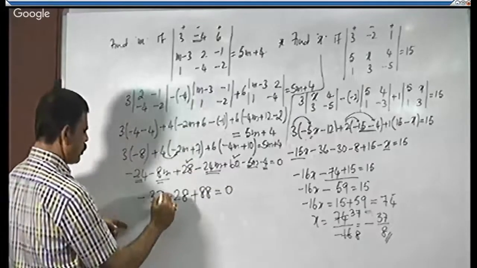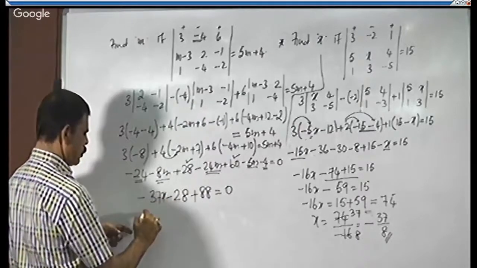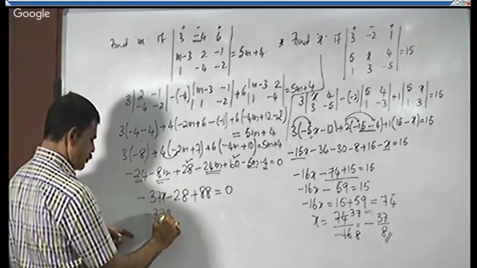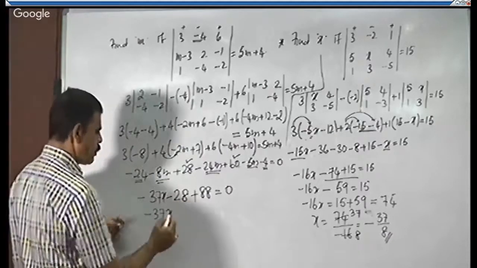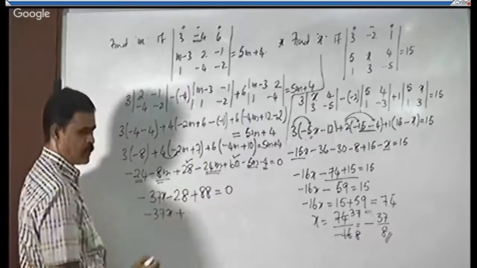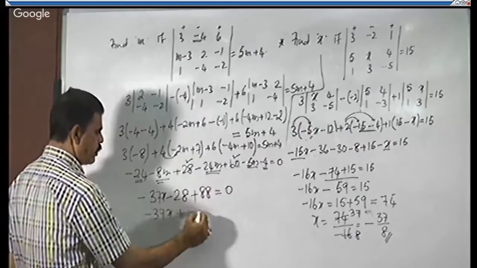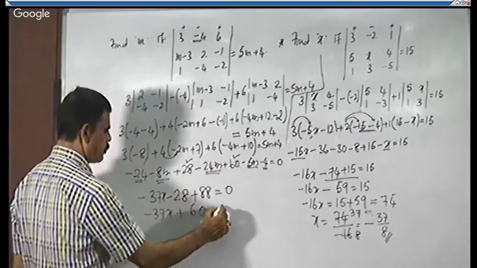This is minus 37m. These are opposite sign. Take their difference. Which is bigger number? 88. Their sign is what? Plus. 8 minus 8, 0. 8 minus 2, it is 6. Which is equal to 0.